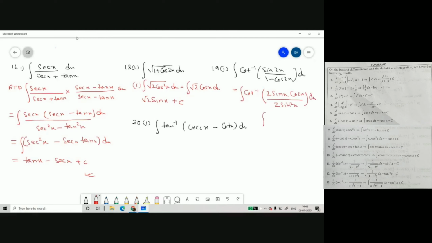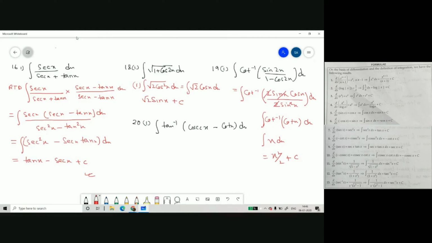So how does it change? Cot inverse, and look carefully, this becomes cot x, isn't it? This changes to x dx, inverse trigonometric function we have done, and this is equal to x square by 2 plus c. Am I correct?